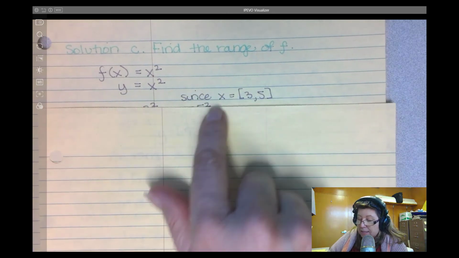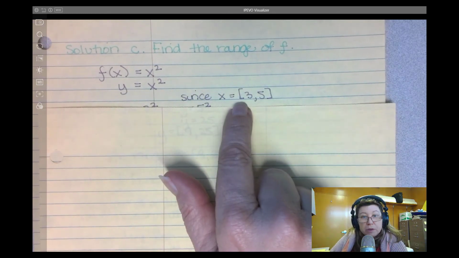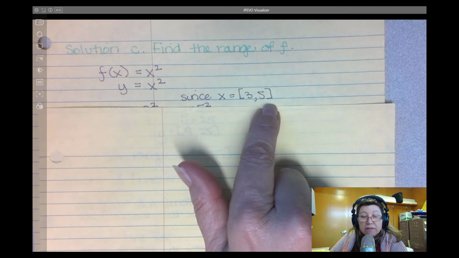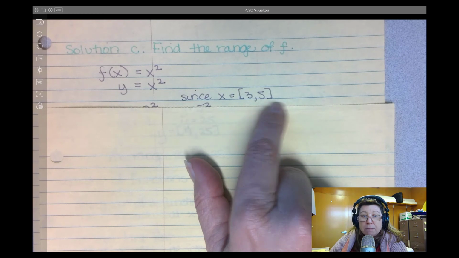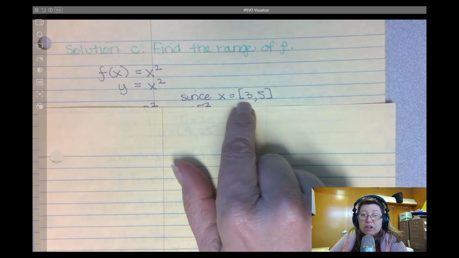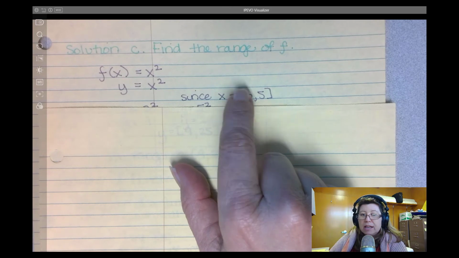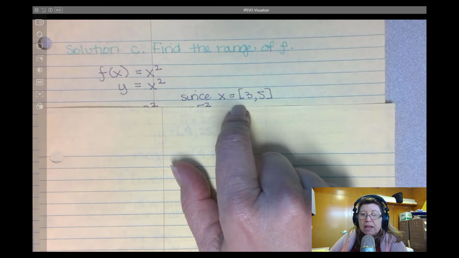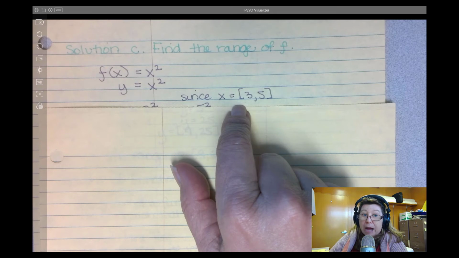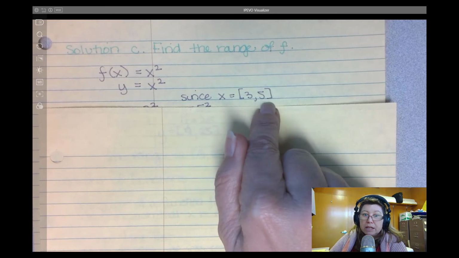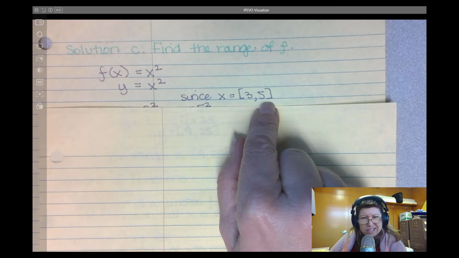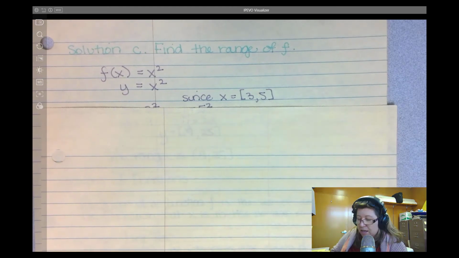Now, because x can only be values from 3 to 5, including 3 and 5, 3 is our lowest value, 5 is our highest value, and because we're squaring it, the smallest value I will get out, my output, is when I square the smallest number. And the largest number I will get out of my function will be the largest number that I can put in squared. All right, I know there's a lot of words, but let's see it in action.